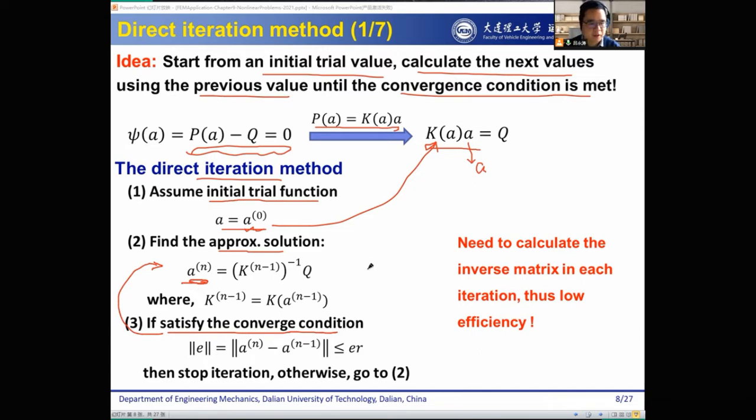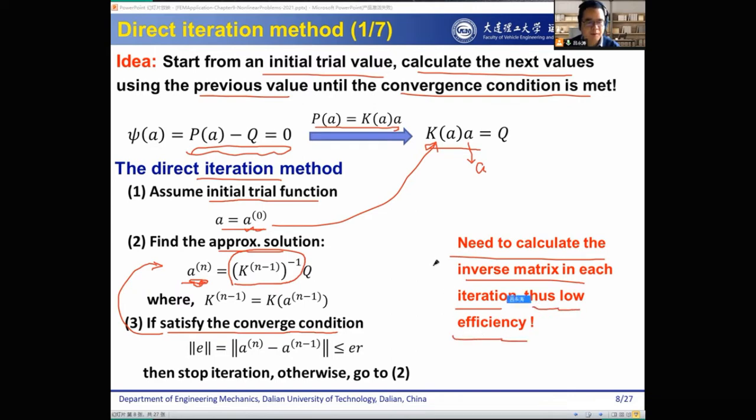So we can say for this method we need to calculate the inverse in each iteration, because in order to work out the next A value, we need to calculate the inverse of the matrix. Therefore, it's very low efficiency.